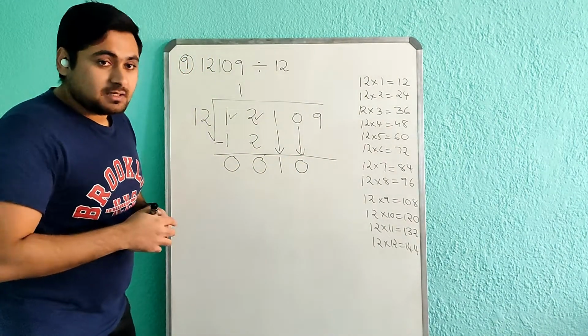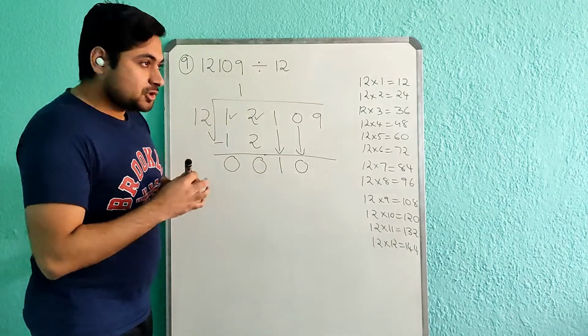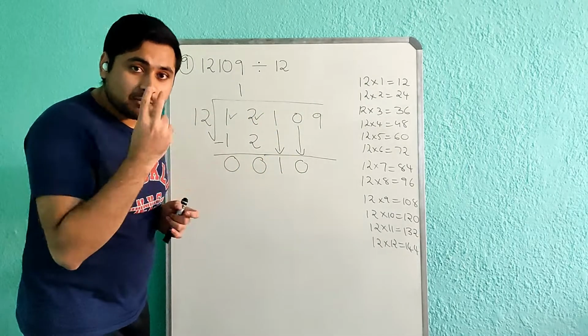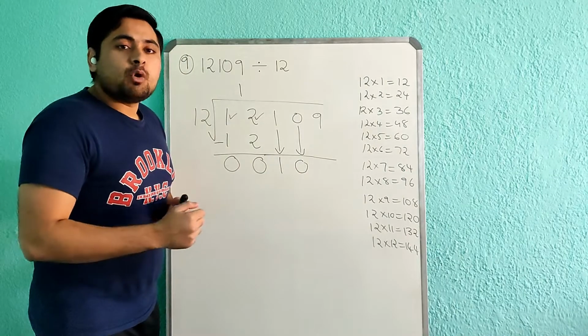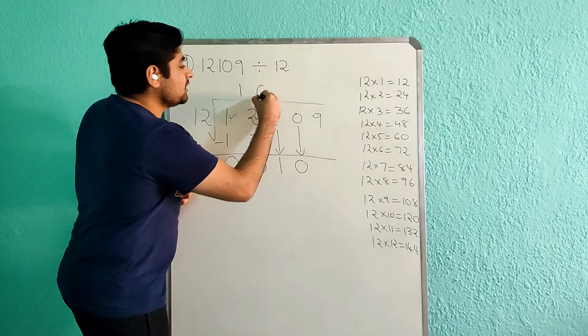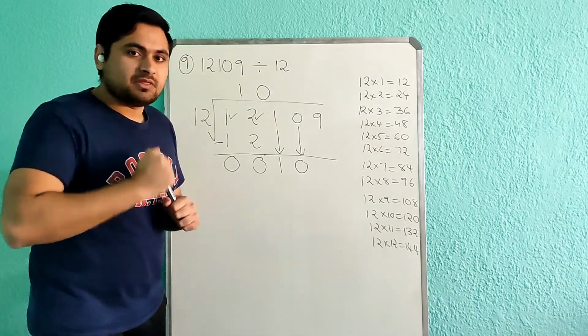But the moment you bring down 2 numbers together, did you see we first brought down 1, then we brought 0 down. How many numbers did you bring down together? 1 and 0. So the moment you bring down 2 numbers together, you always have to put a 0 on top, right? Let me repeat this again.